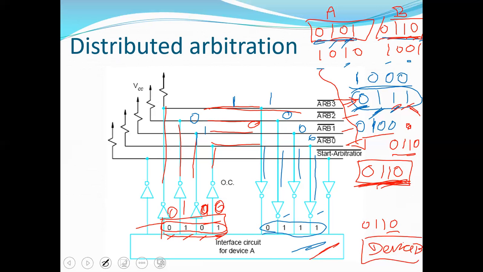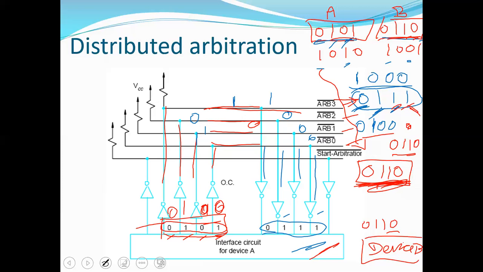You can see that all the devices will have the value 0110, that is the highest device ID number. The particular device whose number matches is the same for all the devices. Whatever you get will be the same for all the devices. So all the devices are involved in the selection of the bus master.